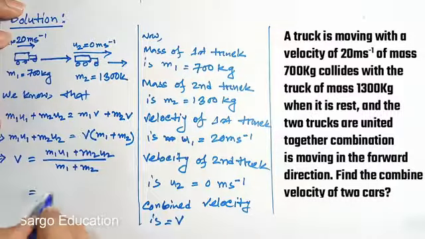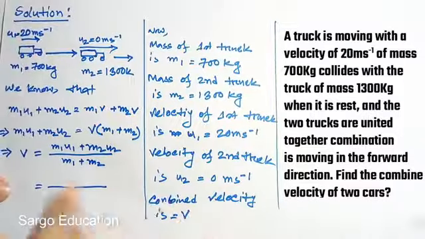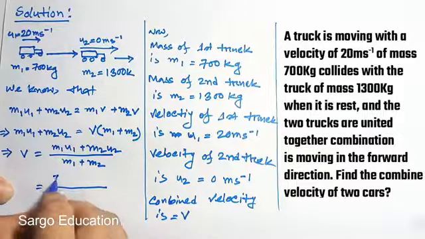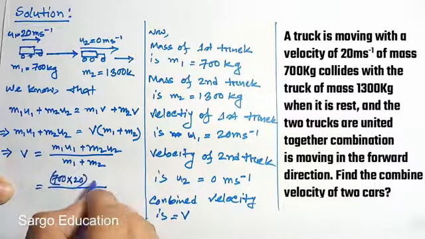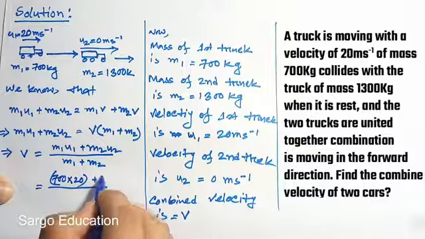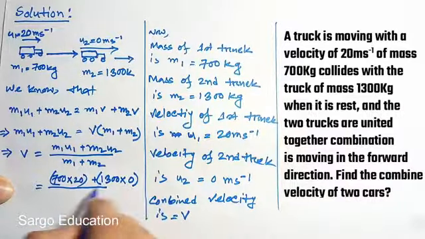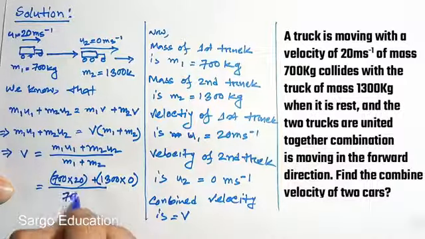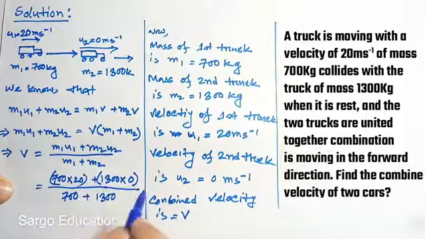Now we put in the values. m1 is 700 into velocity 20, plus m2 is 1300 into velocity 0, and m1 plus m2 is 700 plus 1300.